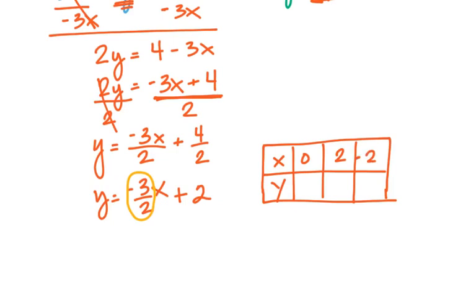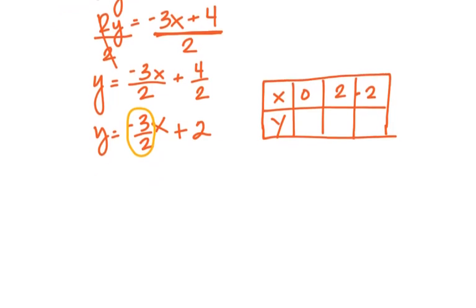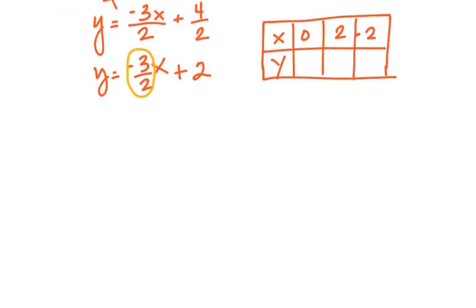You can pick almost any values for x. It's good to keep them close to 0. You don't want to pick giant numbers. And sometimes you want to look at your equation and pick numbers that are easily solvable. The reason they use 2's or multiples of 2's is because there happens to be a 2 in the denominator, and that's going to make it easier to solve.